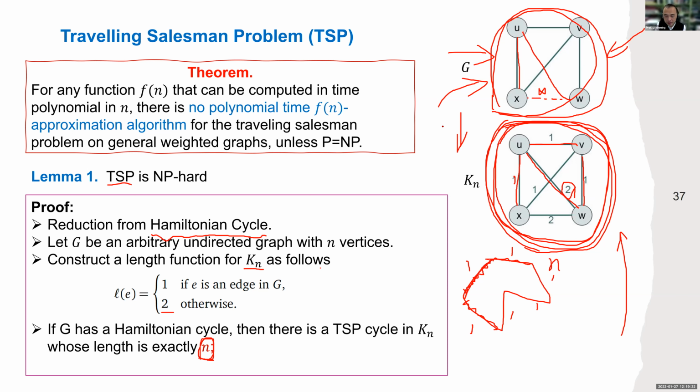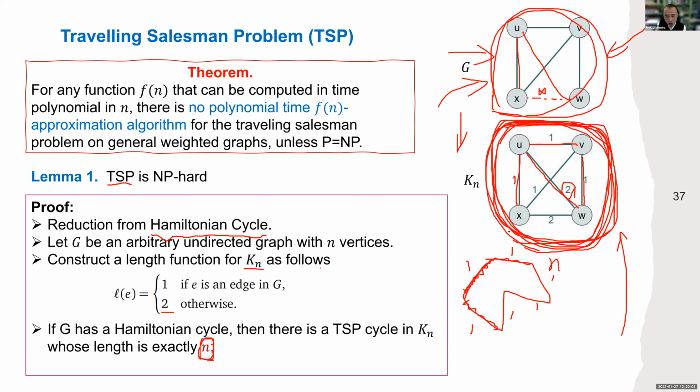But for now, what I would like you to understand is the mapping between the solution of Hamiltonian cycle in the original graph and the TSP in this graph. So in this graph, you always have a TSP. The only difference is the best TSP. The best solution for TSP is length n or not n. If it's n, then it will map to a Hamiltonian cycle in the original graph.